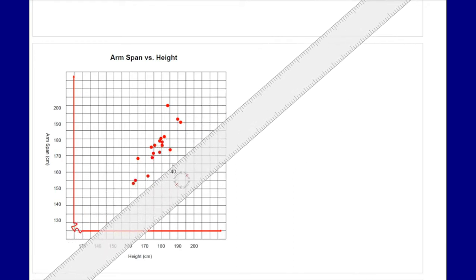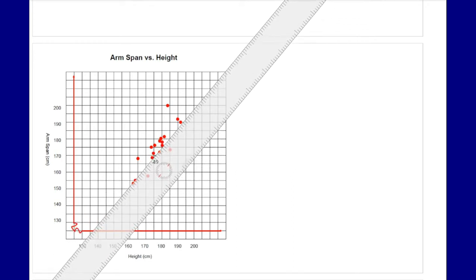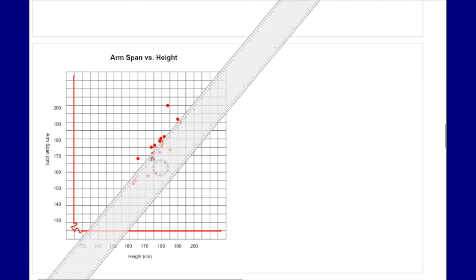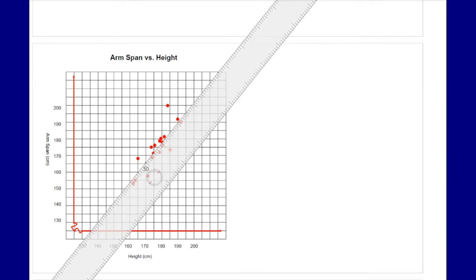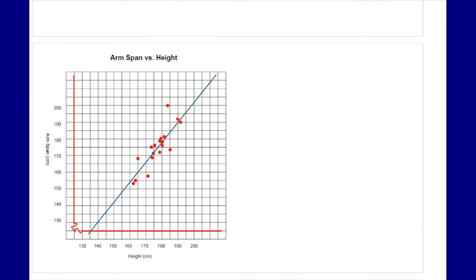So if I'm going to go through, let's see. Say maybe about there. That looks like it tries to go through as many points as possible.